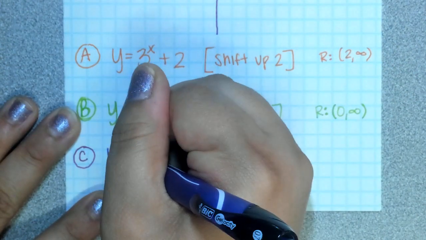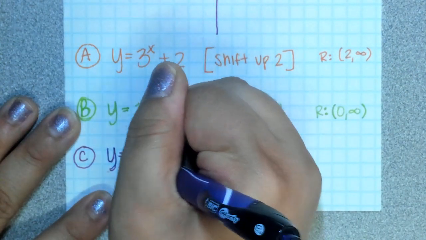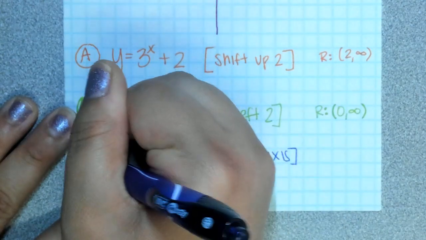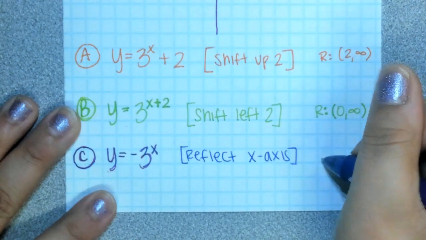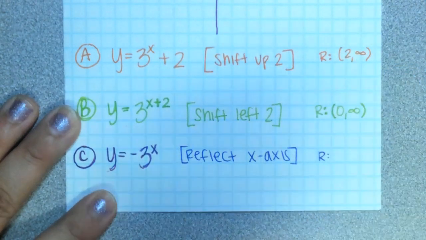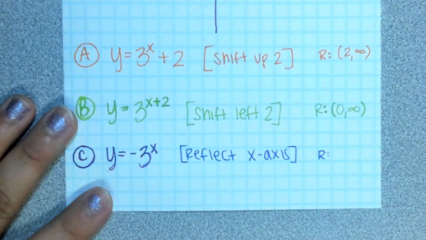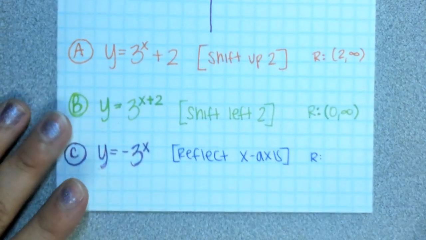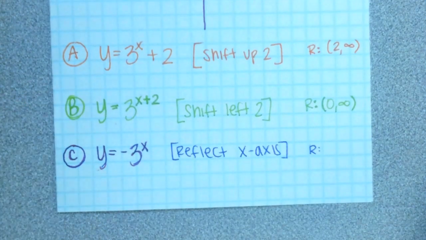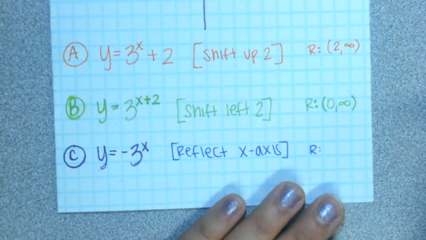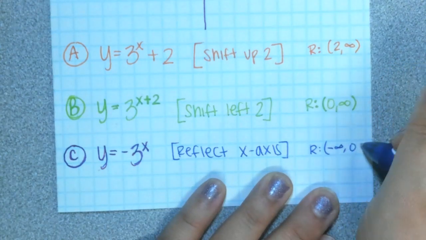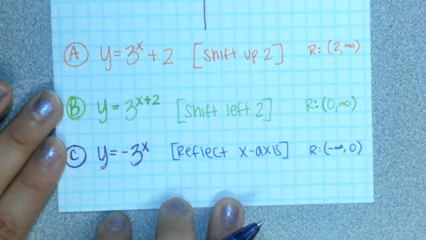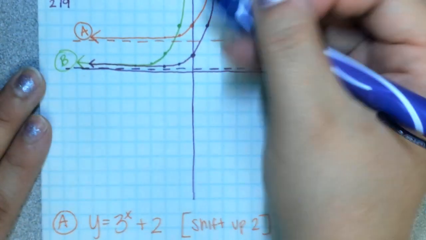It is going to reflect over the x-axis. Is that going to change my range? Yeah, to what? If I'm reflecting over the x-axis, it'll be negative infinity to 0. So just reflect your graph over the x-axis.